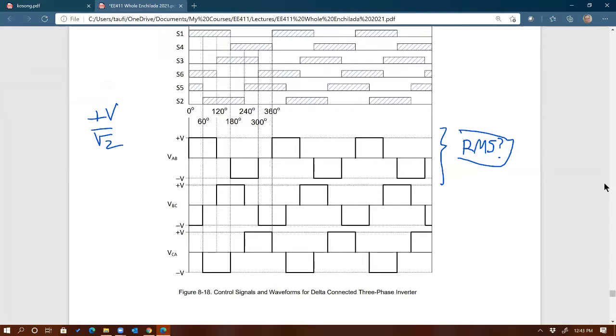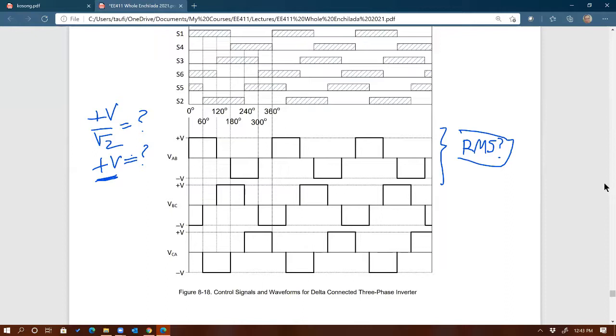You still remember. But my question is, is the RMS the same as this, plus V divided by √2? No, no. Why not? It's not a sine wave. Is it the same as plus V? No, because it's not DC.